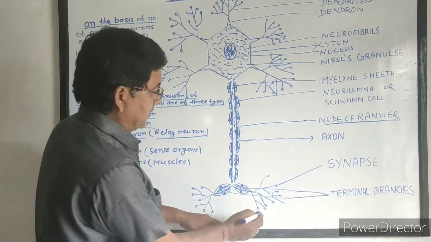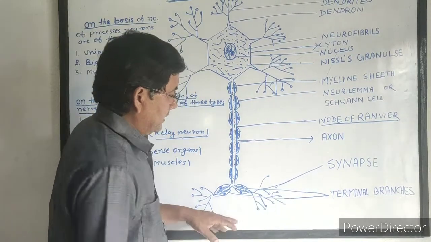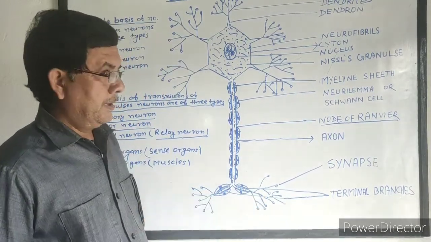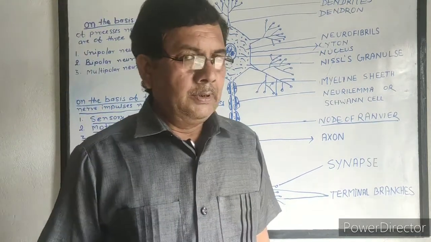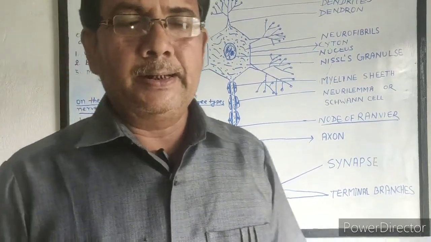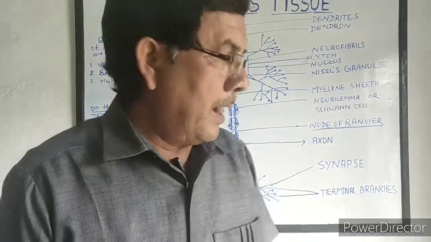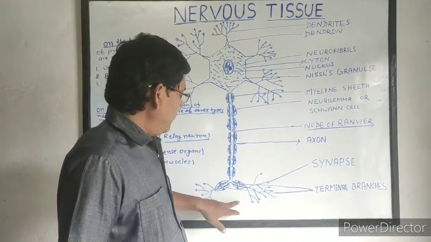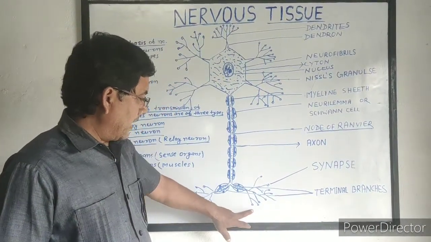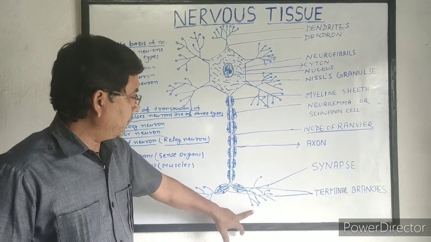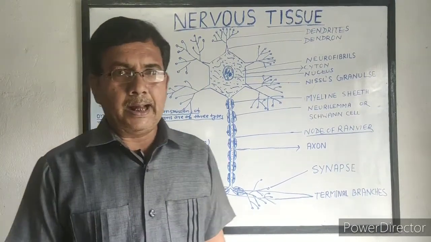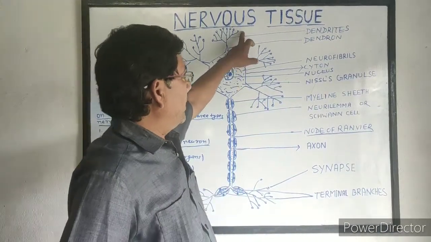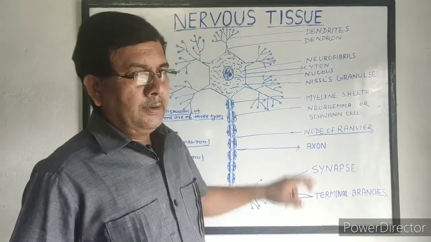From the terminal branches, they come into the synaptic knob or synapse. In the synaptic knob, it again changes into chemical, and the fine branches of the terminal branches of one neuron are attached to the dendrites of another neuron.